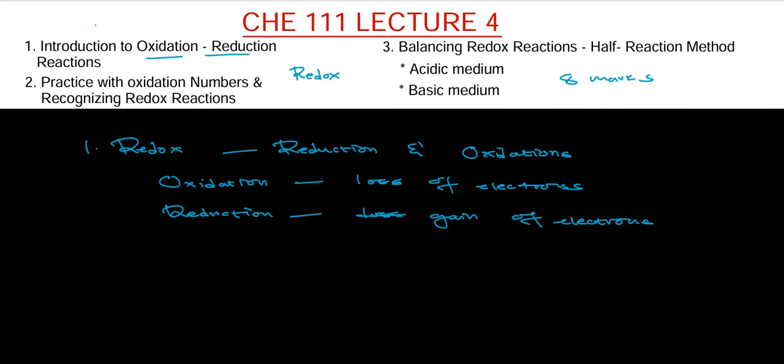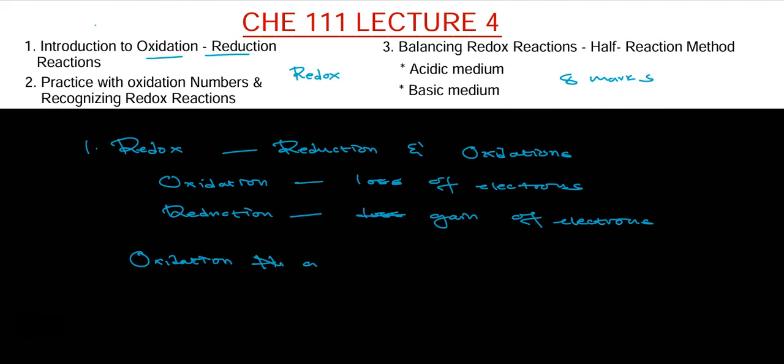So we know that when an atom loses electrons, it becomes positive. So oxidation involves an increase in oxidation number. Let me talk about the oxidation number first. An oxidation number is the number that is assigned to an atom to show the degree of oxidation or reduction. So let me write it for somebody who may like the definition.